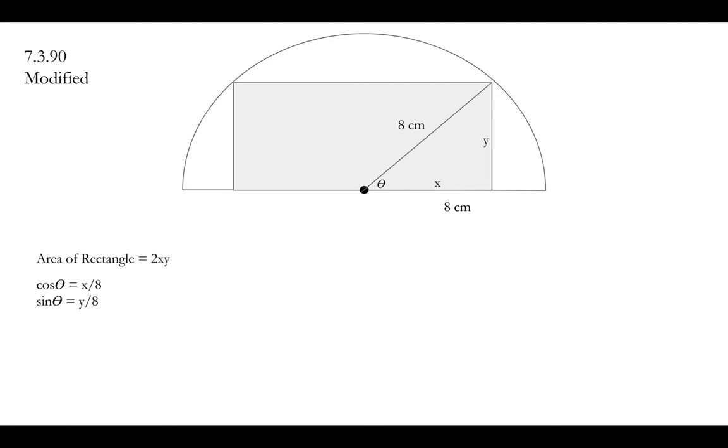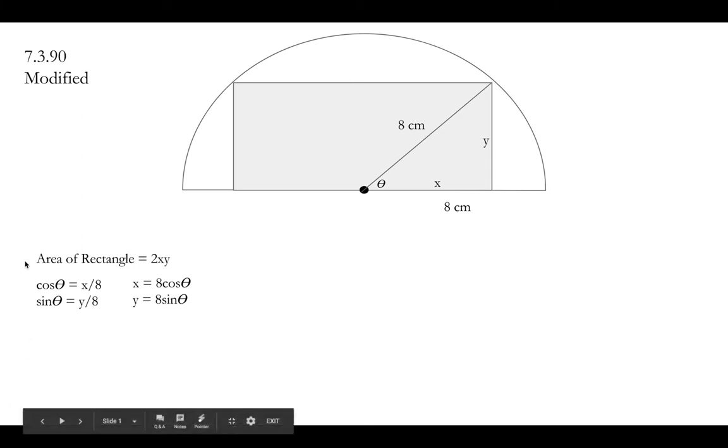So cosine of theta equals x over 8, adjacent over hypotenuse, and sine of theta equals opposite over hypotenuse. Then we manipulate that a little bit more and get x equals 8 cosine theta and y equals 8 sine theta. We'll plug this back into the original equation right here.